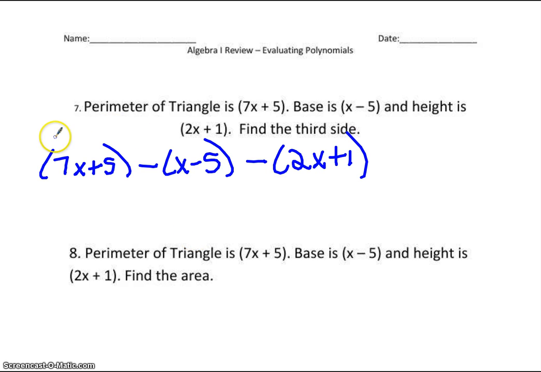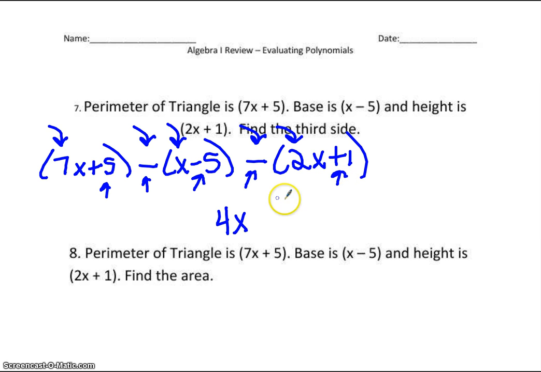So deal with your x first, and you're going to say 7 minus 1 minus 2. In your calculator, you ought to get 4, so 4x. Then in your calculator, it's 5 minus negative 5 minus 1. So that's a 9. It's positive, so you say 4x plus 9. If you want to check yourself, you take the three sides, add them up, and see if you get 7x plus 5.